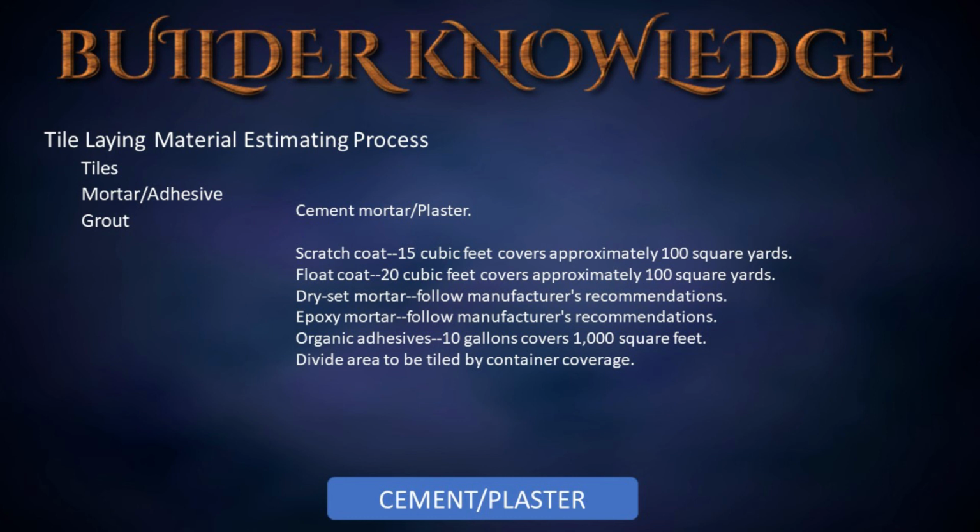For the float coat, 20 cubic feet covers approximately 100 square yards. Dry set mortar, you must follow the manufacturer's recommendations. Epoxy mortar, you must follow manufacturer's recommendations. Organic adhesives, 10 gallons, covers 1,000 square feet. Then divide area to be tiled by container coverage.